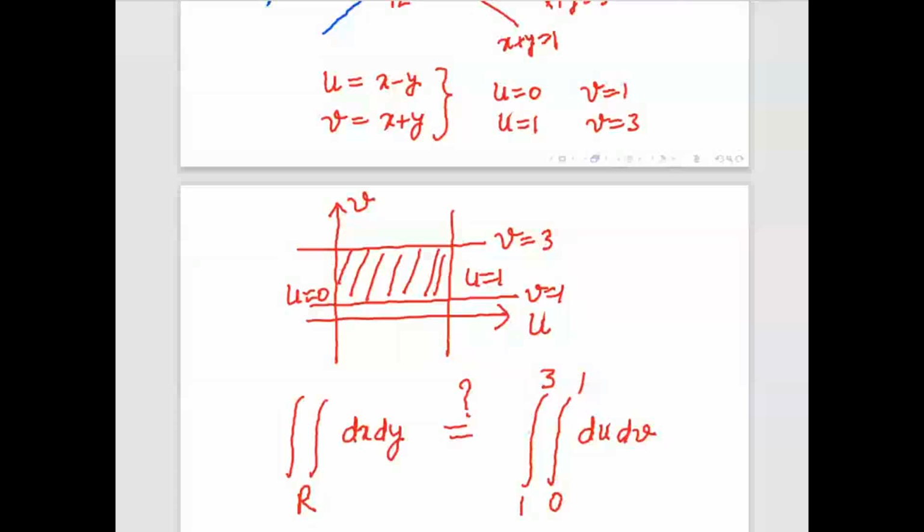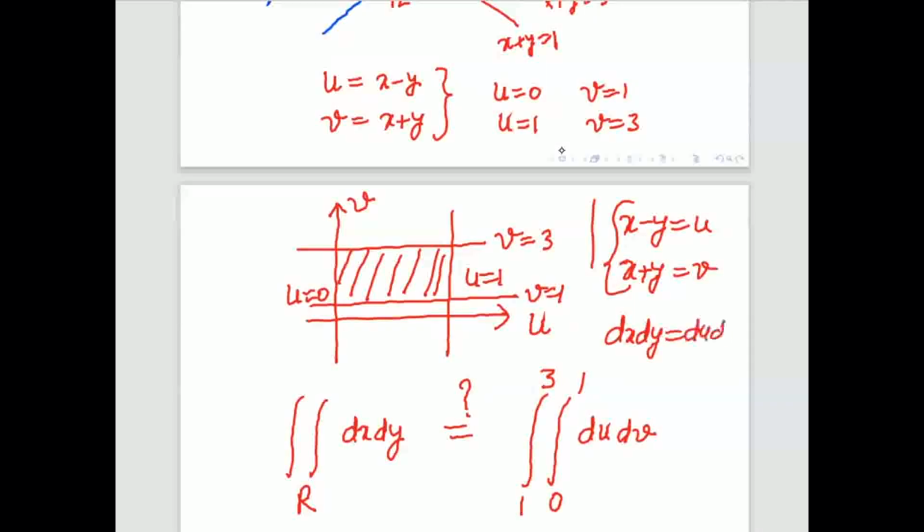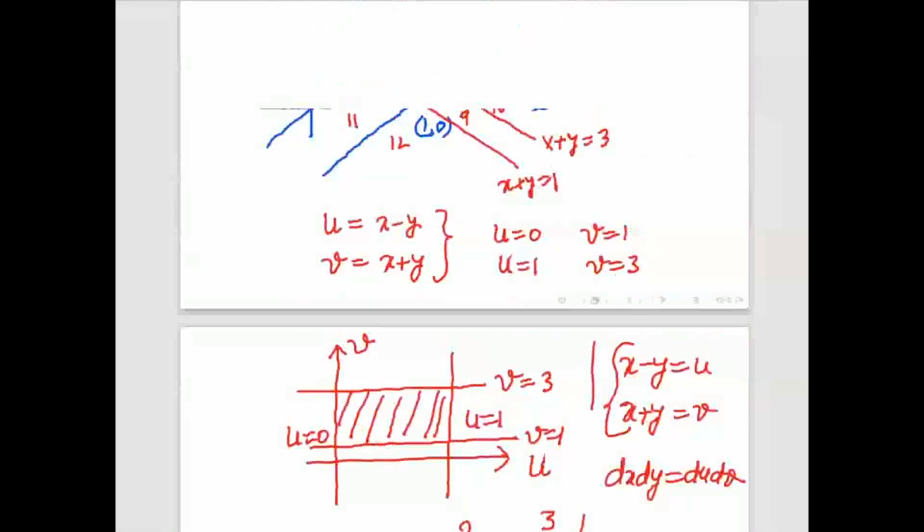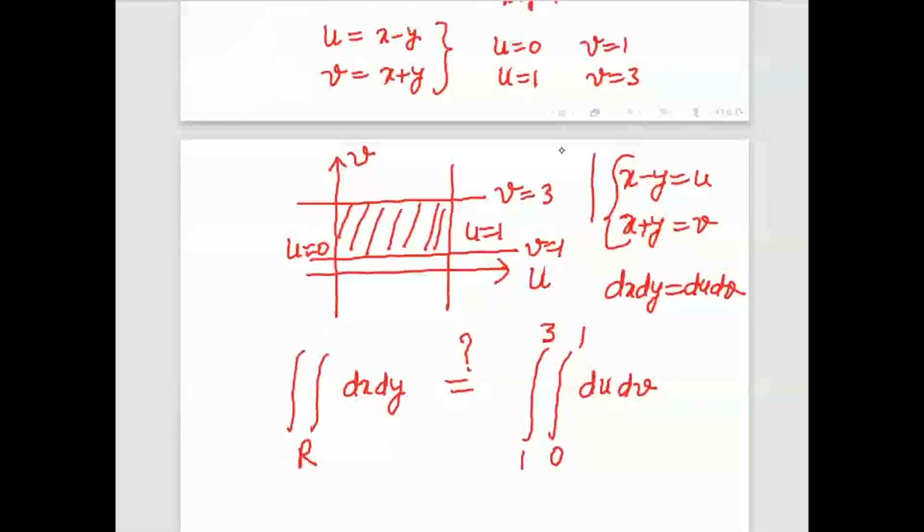That you can do. But what I am asking is, here I assume x minus y equal to u and x plus y equal to v. So by this transformation, can we say that dx dy is the same as du dv? The limit is changing. So the question is, is the product dx dy the same as du dv? If not, then what will it become?